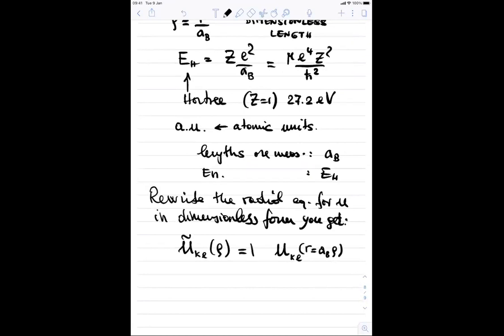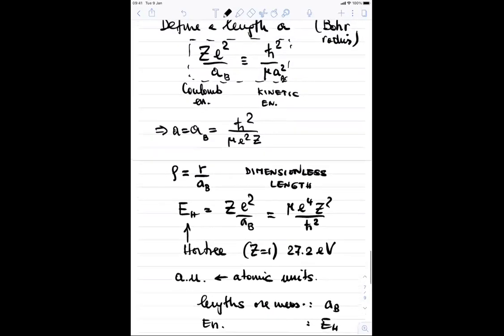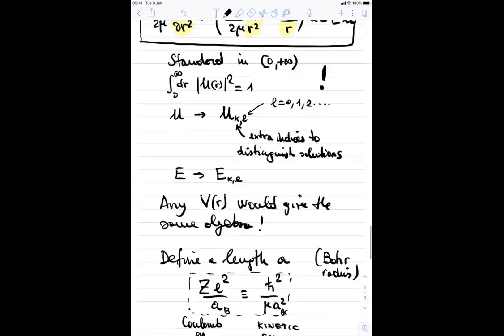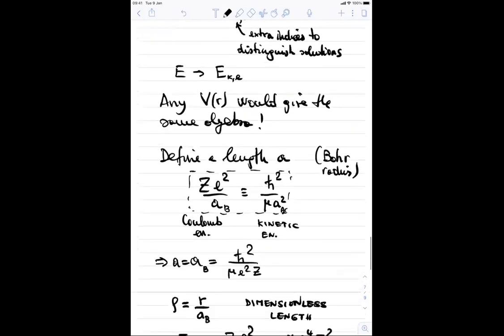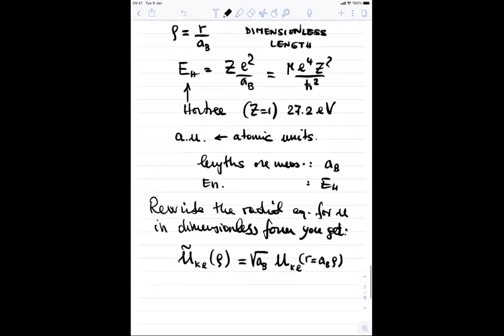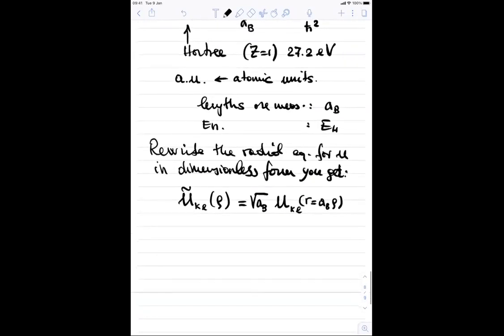The correct normalization is the square root of the Bohr radius, because if you change variables in the integral, you get the square root factor. But that is not a particularly important ingredient because it's an overall constant for the function.